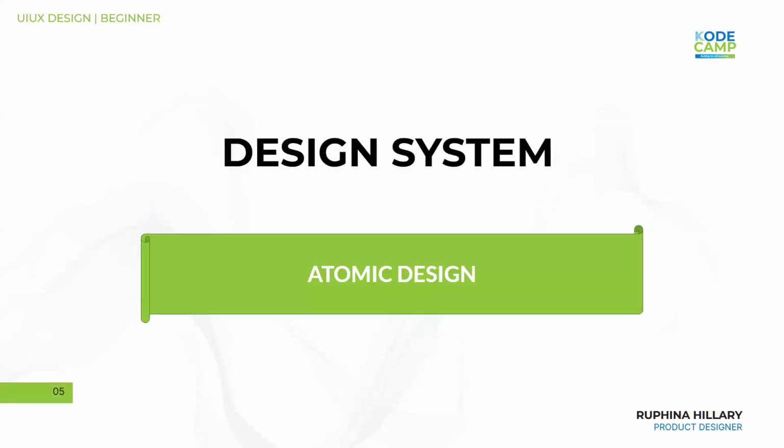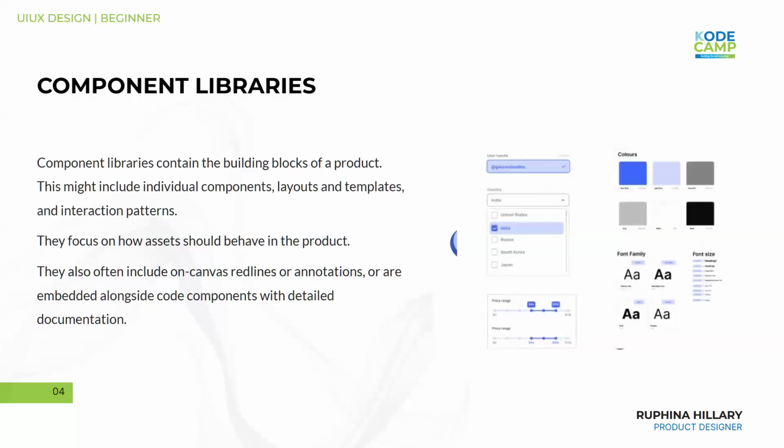Right? So now, the example I gave before: a button is a component. All right, now this button takes the style, and the style guide of a button should comprise the color, the typography, the spacing, and the iconography if you're using icons in the button. That's what differentiates a component library from a style guide, right? A style guide is focused on how it should look, like I've said, color and typography, but components focus more on how things should behave.